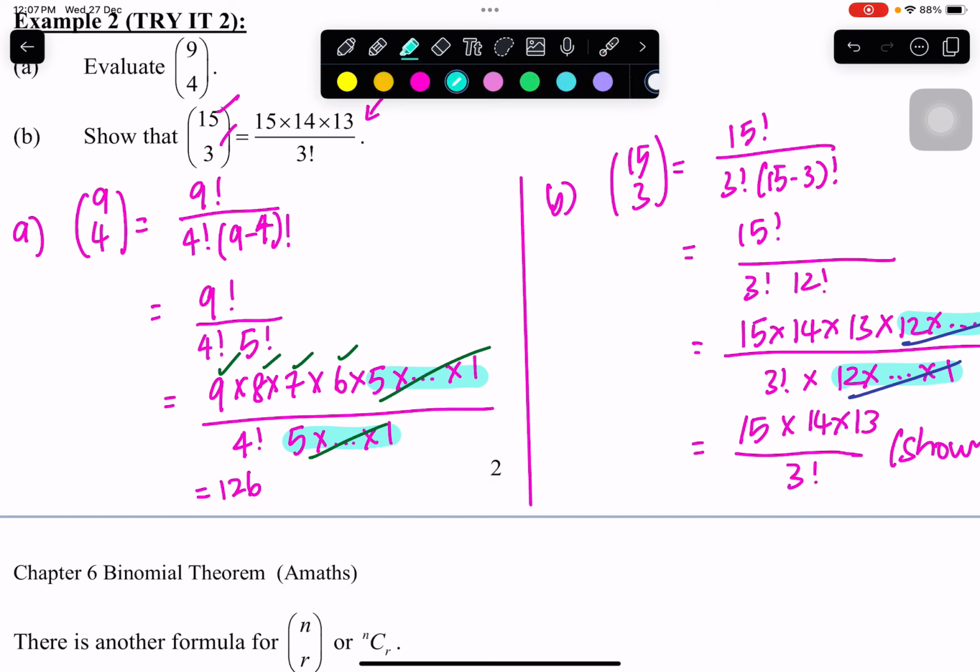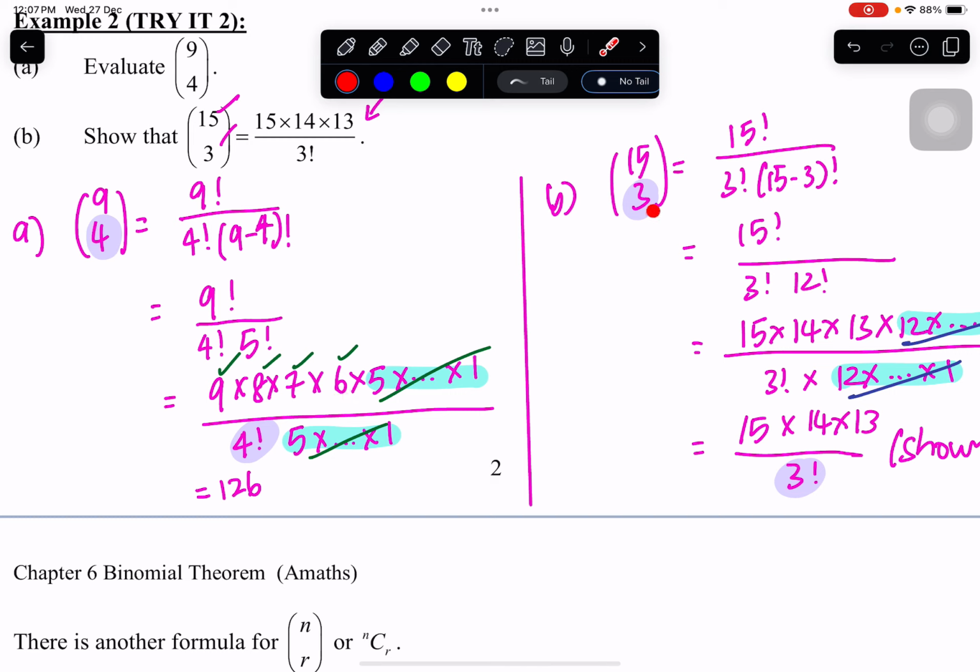Take a look at the purple highlighting. If the smaller number in this case is 4, how many terms do I see in the numerator? 1, 2, 3, 4. Seems like a coincidence, right?